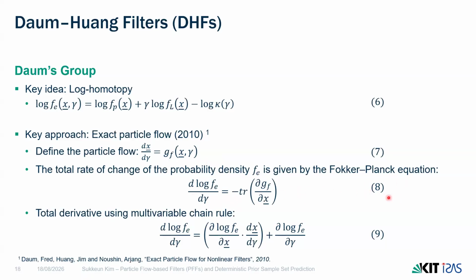In equation A, that's the Fokker-Planck equation of this density. If you use the multi-variable chain rule on the left-hand side, this will be given, because it's d gamma, but we want to change it to partial x d gamma, and then partial log f, and then partial gamma here.